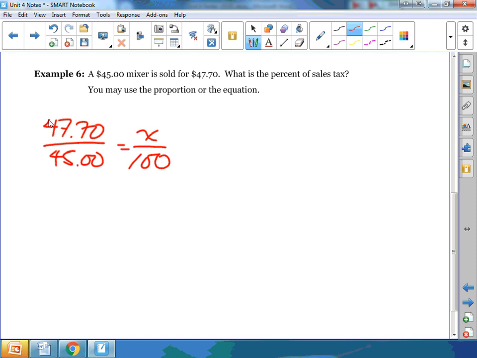Several of you did that, and that's absolutely fine. But when you get an answer here, there's something you have to do with it in order to answer this specific question. So without me giving you numbers, what do you have to do with the value of x here to find the percent of sales tax?